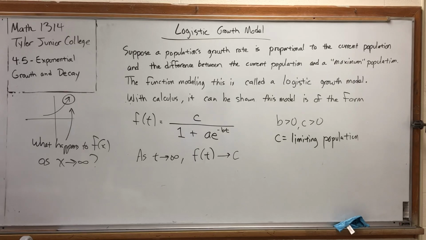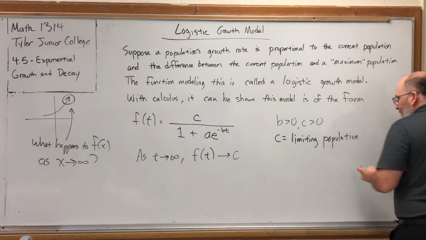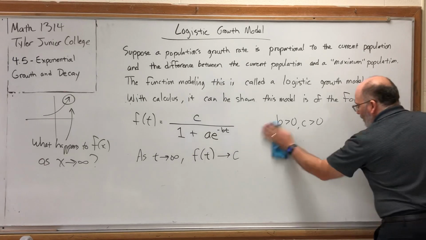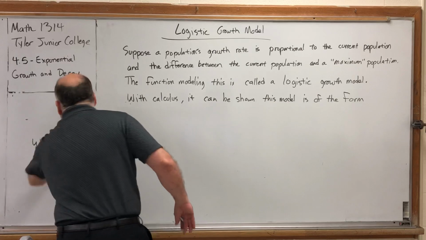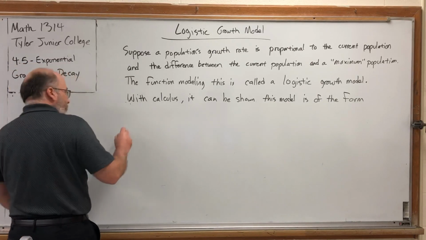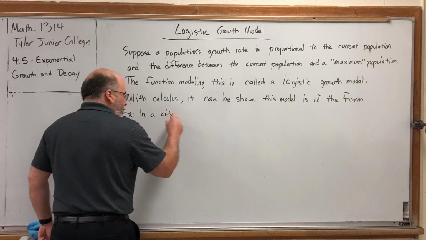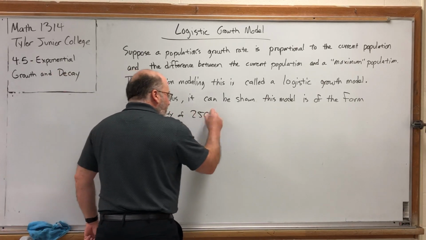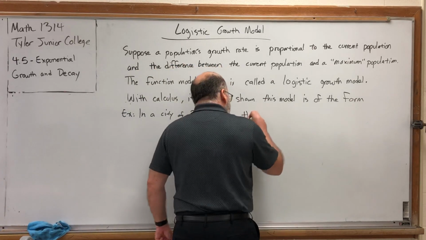Let's take a look at a real simple example, and then we'll do one more video that's a little bit more involved. Let's take a look at this one. Suppose in a city of 250,000 people, there's a flu outbreak.